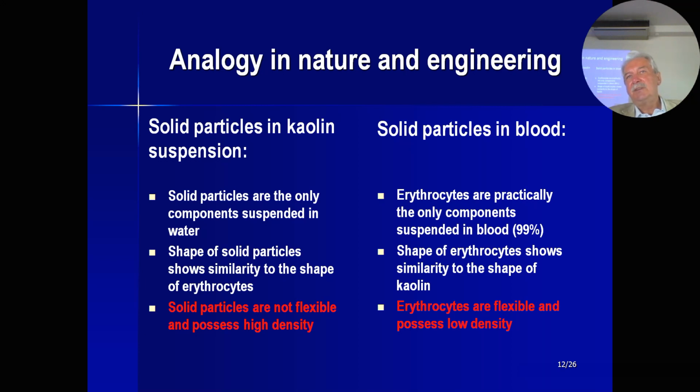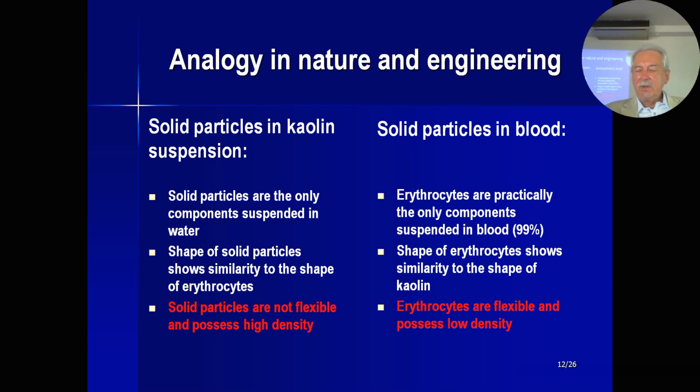Solid particles possess density about 2,400 kilograms per cubic meter, while density of erythrocytes is about 1,060 kilograms per cubic meter. However, if we consider suppression of turbulence, we know that suppression of turbulence exists in slurries, it means solid-liquid flows, which possess solid particles with high density, and also in case when solid particle density is low, not much higher than water density.